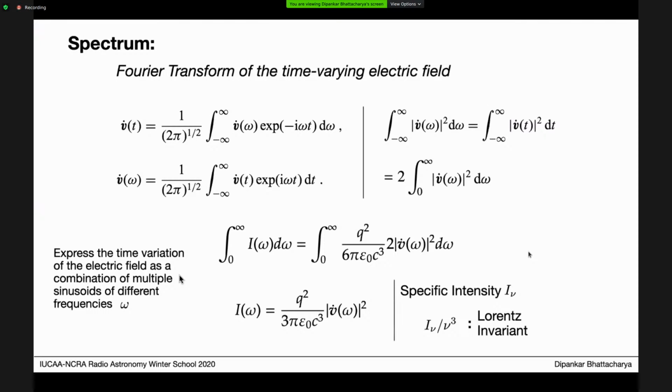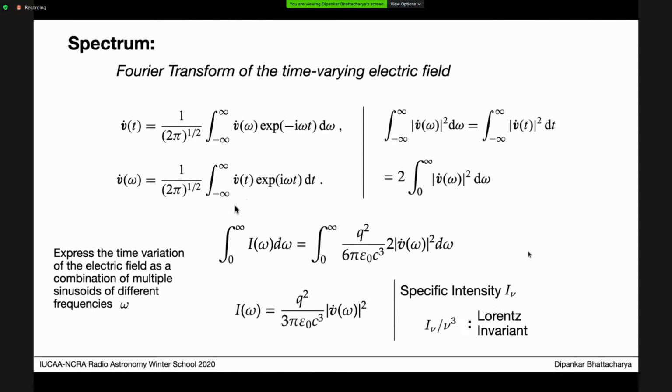But this is, of course, not the case in general. In general, the electric field will have an arbitrary variation in time, and that arbitrary variation I can, in principle, write as a combination of many sinusoidal variations. The technique to do this decomposition is called Fourier transform.